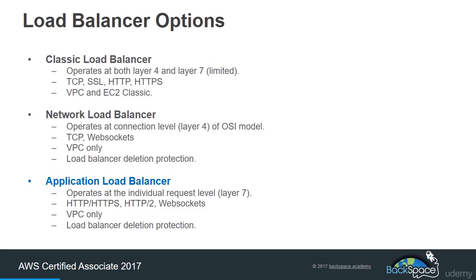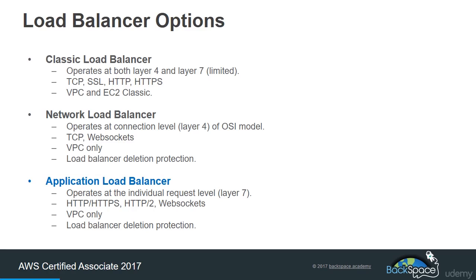And the next option we have is the network load balancer, which is another new load balancer option for us. And that operates specifically at the lower connection level, or layer 4, of the OSI model. And so that supports TCP, and it's just grabbing packets and forwarding them straight onto our back end. It's very low level, but it also supports WebSockets. Now, WebSockets are in fact a layer 7 functionality, but it does also support WebSockets.